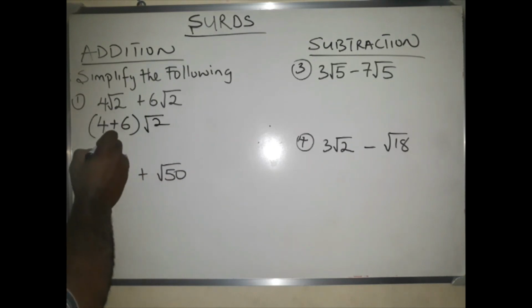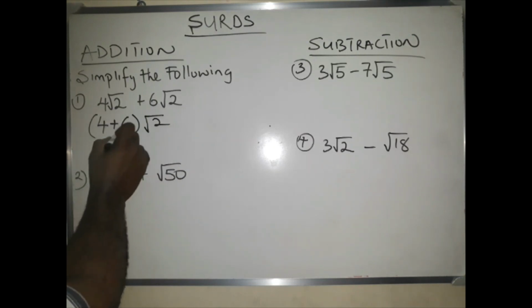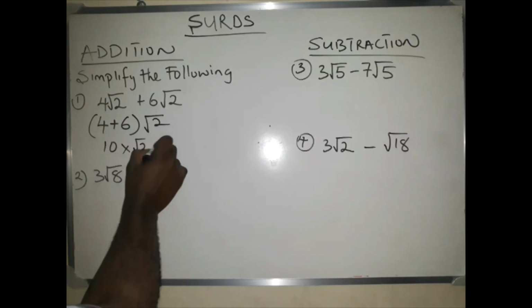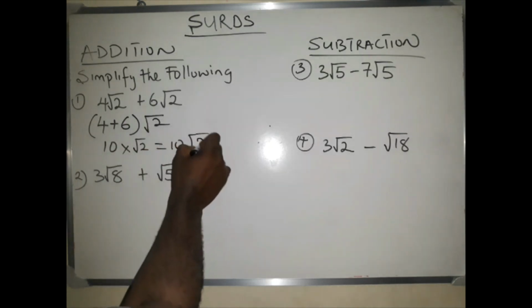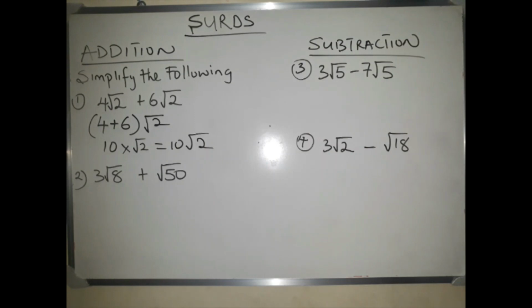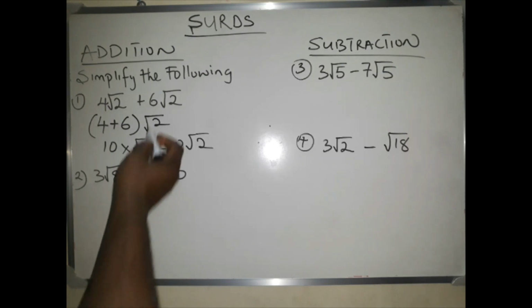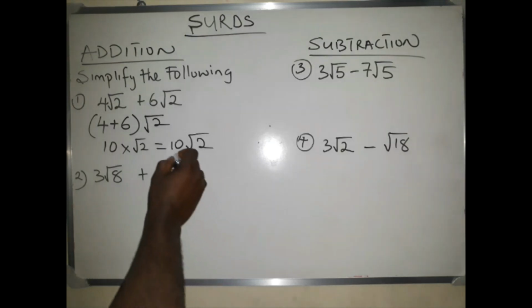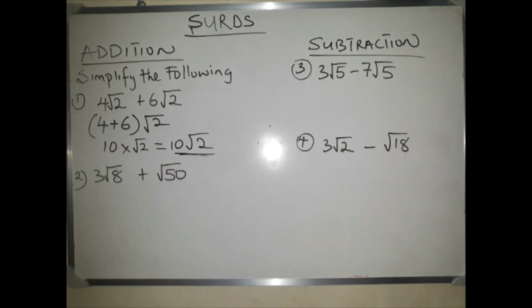So 4 plus 6 will give you 10, and that will be 10 times root 2, which gives you 10 root 2. So in adding surds, you add the whole numbers together, and then you multiply by one of the square roots, since they are now like terms. So 4 root 2 plus 6 root 2 will give you 10 root 2.